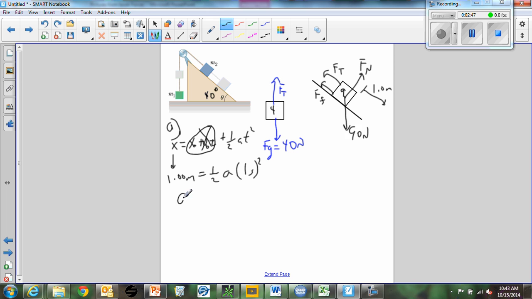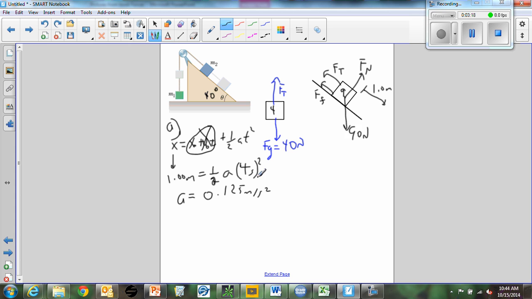And so a is going to equal, if you solve this with algebra, 2 times 1 divided by... I'm sorry, this is not 1, this is 4. Sorry, 4 seconds to reach the bottom. So if you do that, you're going to get a equal to 0.125 meters per second squared.